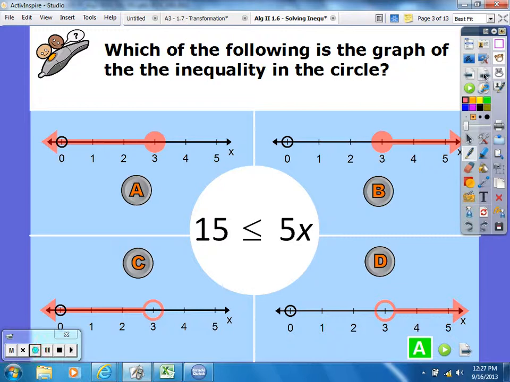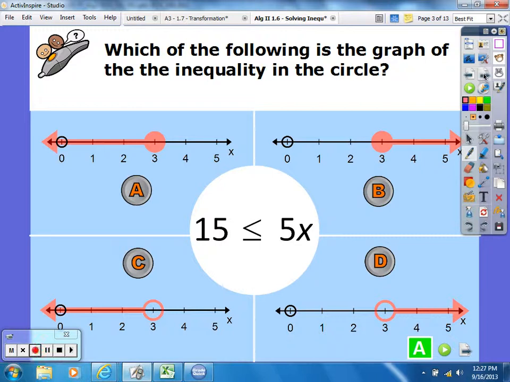Everybody have an answer? I'll give you a few more seconds. All right, got an answer now? Okay, so once again, 1 is A, 2 is B, 3 is C, 4 is D. Go ahead and hold that many fingers up for me.